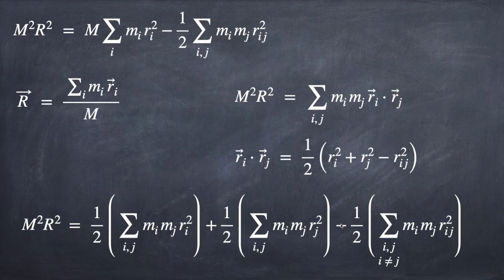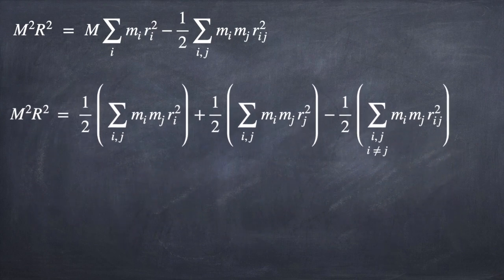And the third one, minus 1 over 2 double summation m_i m_j r_ij squared. Here we are writing that i is different from j just to emphasize that, because in case it is equal, then this term is going to be 0. r_ij, by its definition, is going to be 0. There is no difference between the vector and itself.